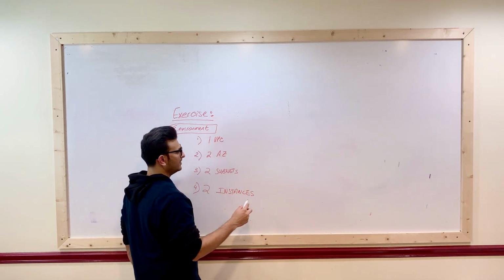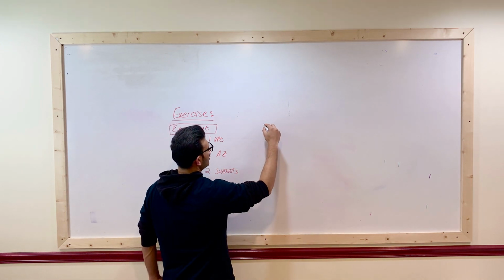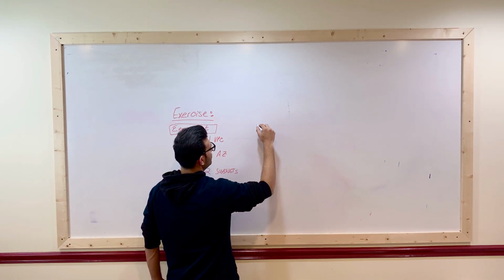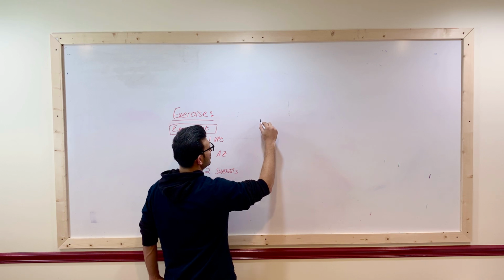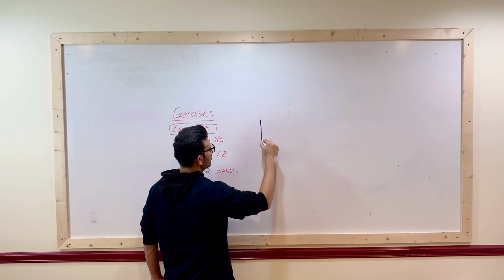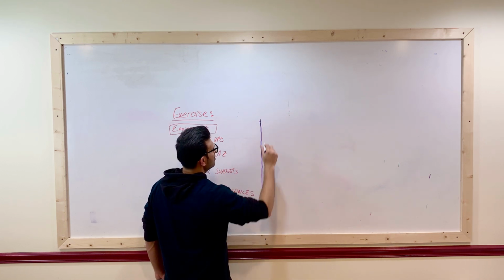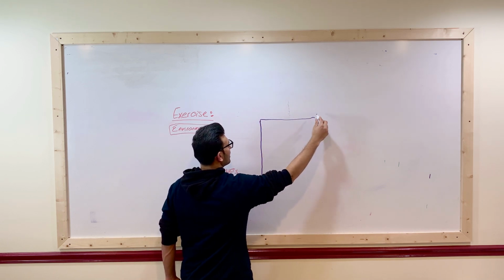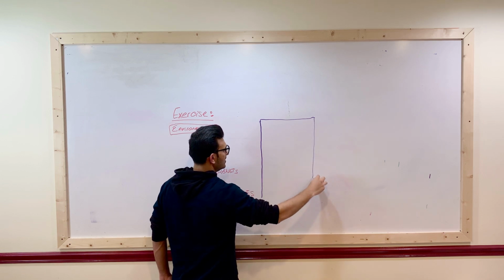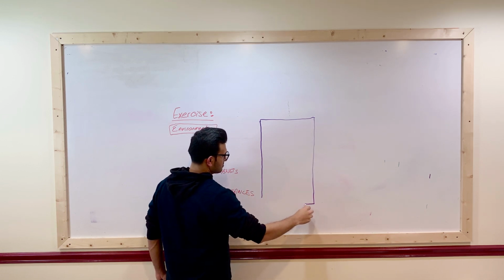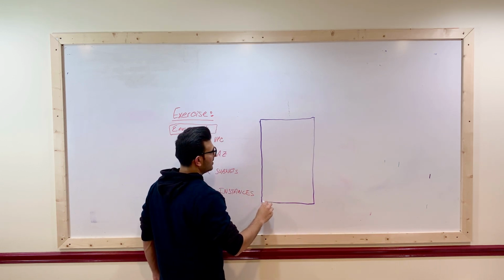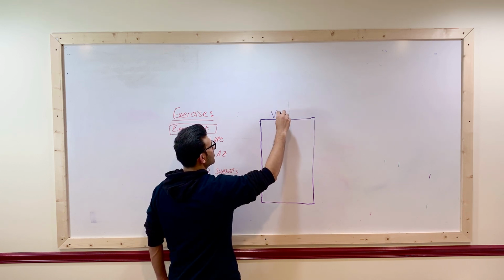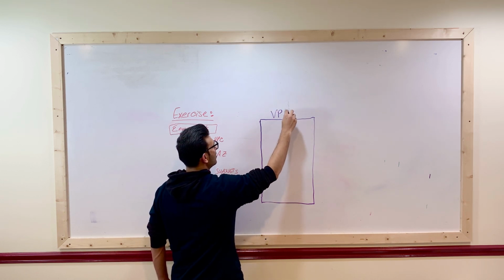Let's start with the VPC. We know that when you want to use the AWS console, you are given a default VPC. And remember, that is a virtual private cloud, right?